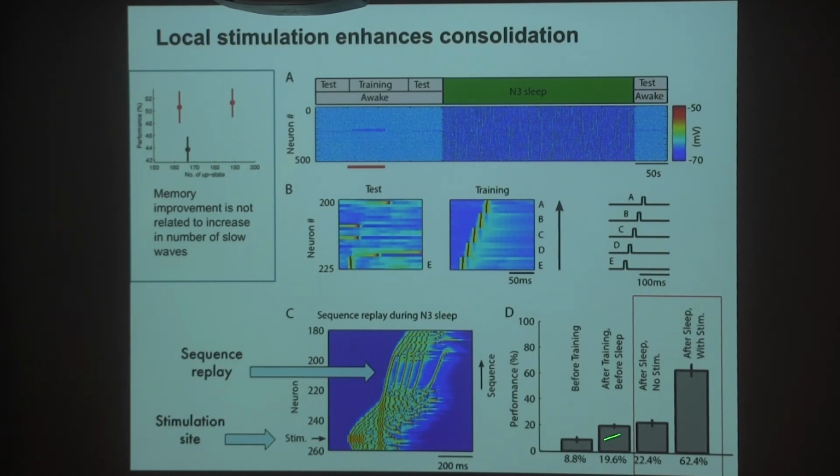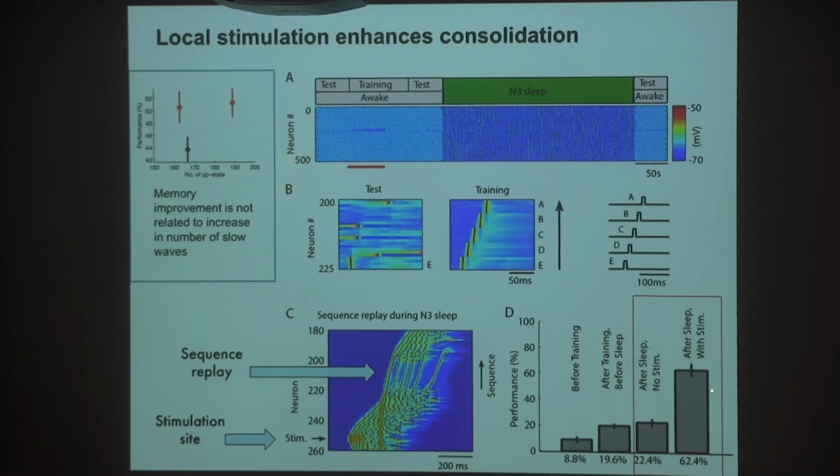Essentially, what is shown here is that if we train the network very weakly, we can get a situation where improvement during slow wave sleep alone could be very small. It's smaller than what I showed before just because I trained the network less in this case. So it's not trained enough. It shows some improvement, but it's almost non-significant.